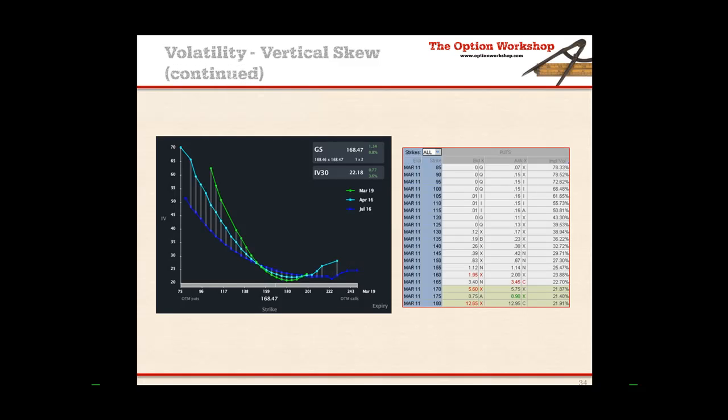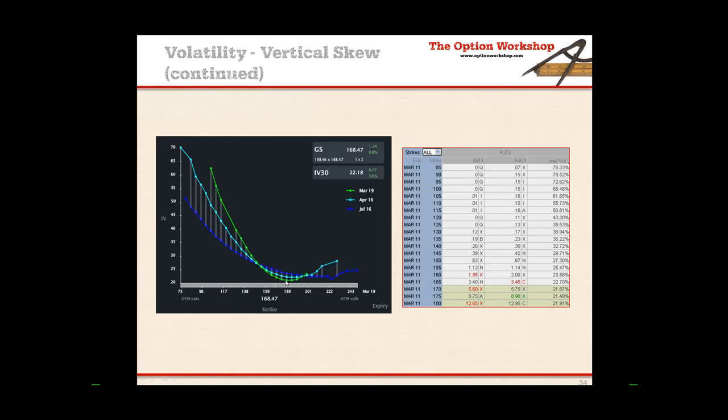Here's an example. This is just a volatility chart of Goldman Sachs. Whenever I took the slide, the at-the-money at the time was about here, 168. So here's our at-the-money vol at 22%. And as we go down out of the money, these are the puts, you can see how the volatilities start to rise. And this over here is a skew chart showing some different months.